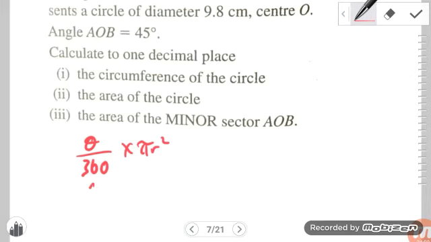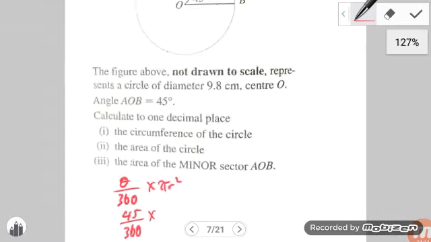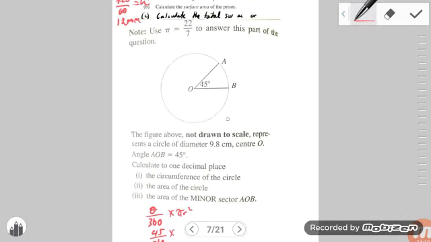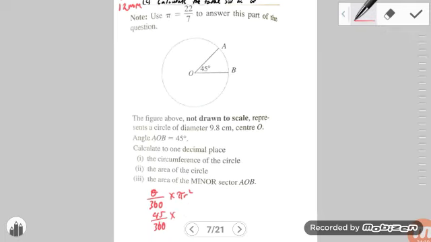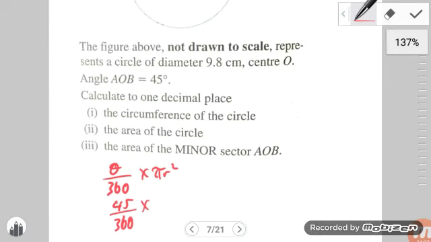So theta is 45 divided by 360 multiplied by, we could go ahead and say 22 over 7 times the radius squared, but we had initially done, and I just erased it moments ago, pi r squared. So I could just replace this entire pi r squared here with the area I just calculated, because I just did pi r squared in part 2 here, so I don't need to do it again.